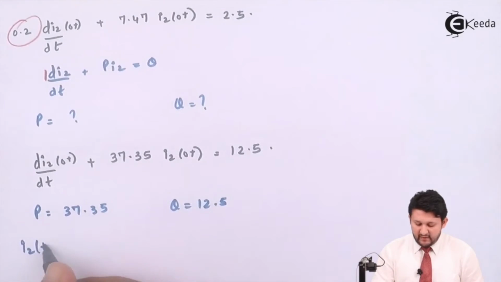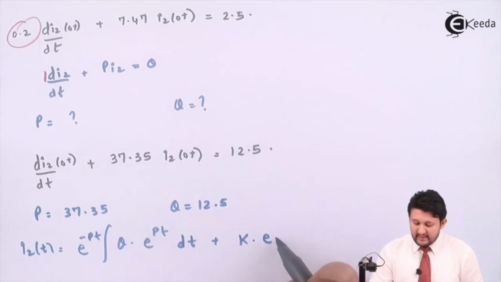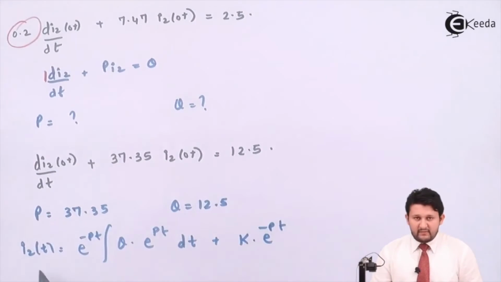Now I can find the value of I2, that is nothing but e raised to minus pt integration q e raised to pt into dt plus k e raised to minus pt. Now put the value of p and q in this equation so that I can get the value of I2.